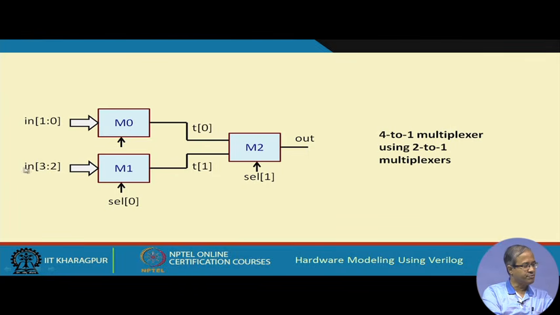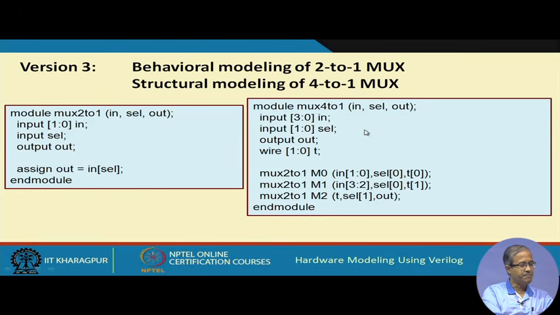So, 2 and 2 inputs get here, the least significant select line will be here, most significant select line will be here. That way I can implement the mux 4 to 1 by instantiating 3 copies of mux 2 to 1. You can check these correspondences, but again this mux 2 to 1 I am still defining in a behavioral fashion.